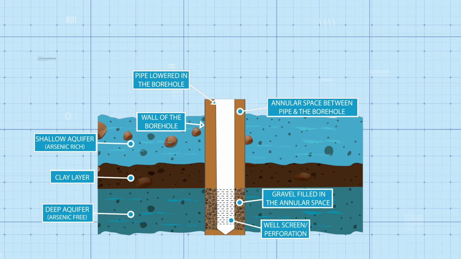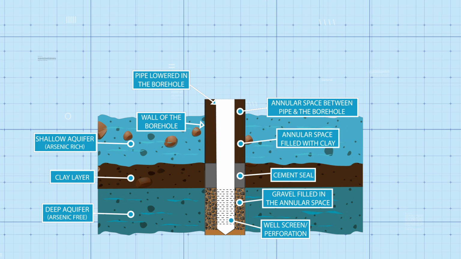The annular space between the well assembly and the wall of the well is filled with gravel, and at appropriate depth, cement slurry is put, which solidifies and prevents arsenic-contaminated water from reaching the screen through which water enters the well.